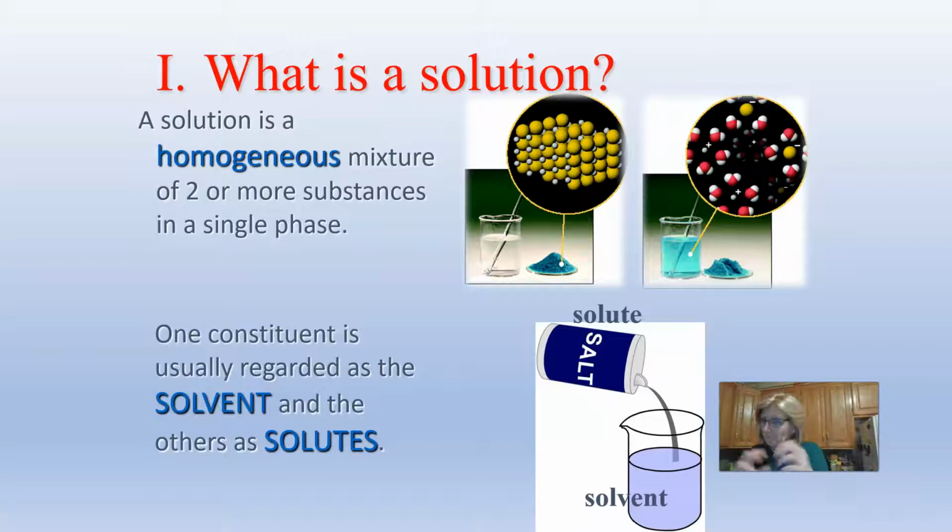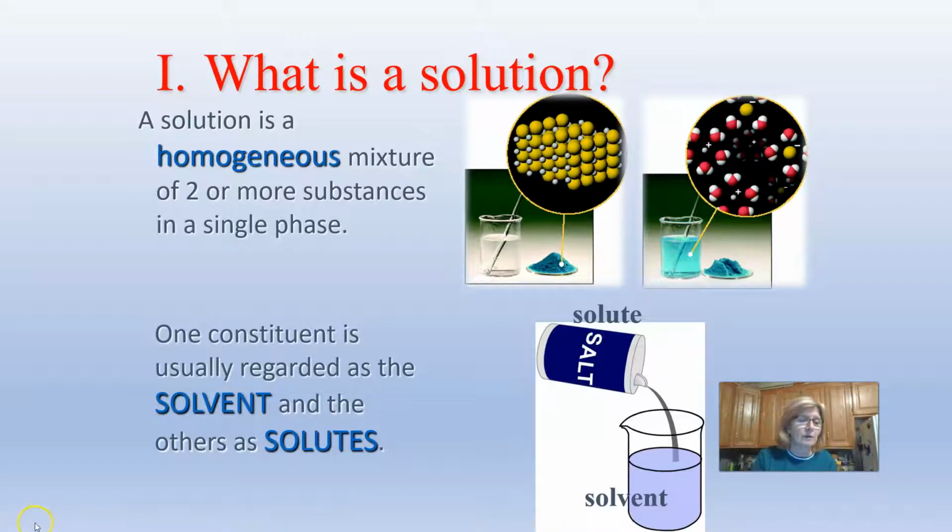The salt disappears, but we call that dissolving. So in this case, what we put into the liquid is called the solute, and the solvent is the liquid that we're using. And just so you know, water is the most popular solvent in the world.